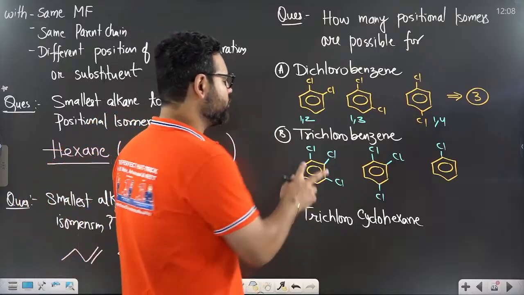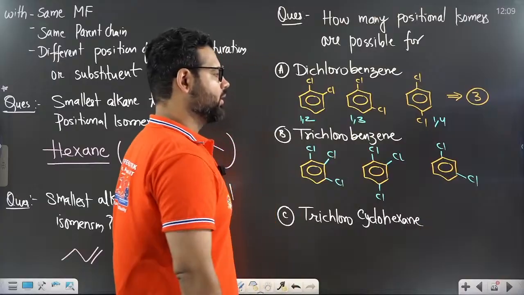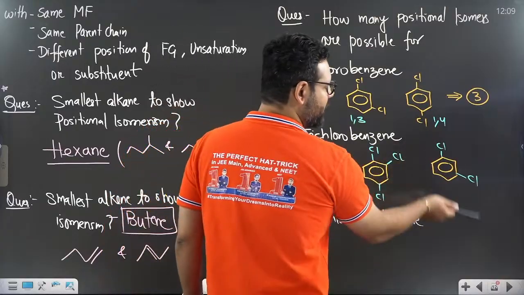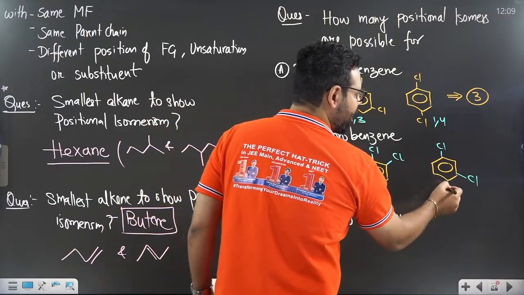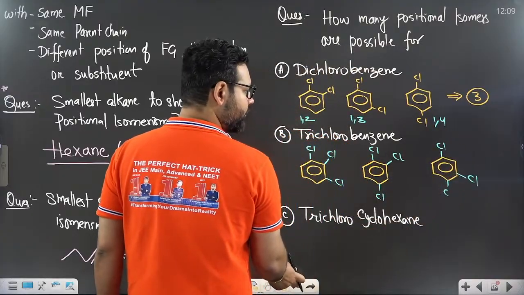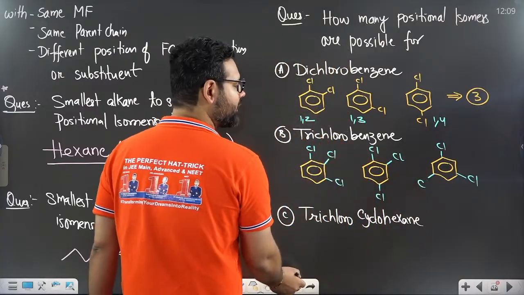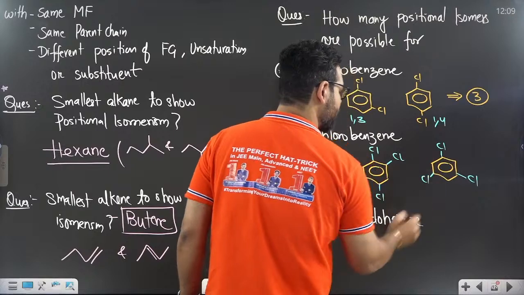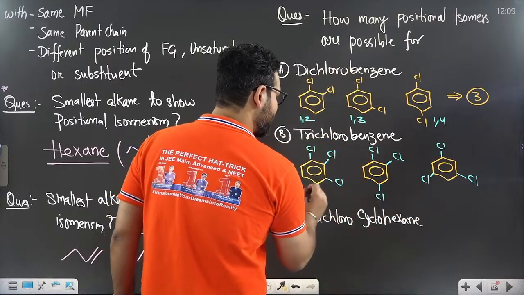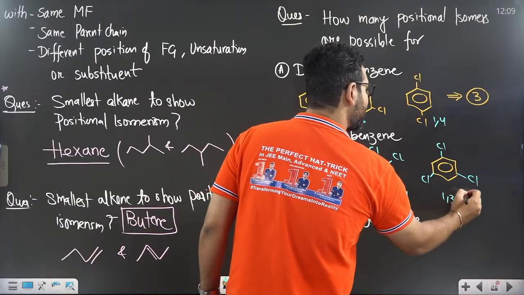Now the two chlorines also need to go away from each other. Then the third chlorine, if I keep it here, again it is 124 only. So the only unique possibility is 135. So 1, 2, 3 trichloro, 1, 2, 4 trichloro, 1, 3, 5 trichloro.